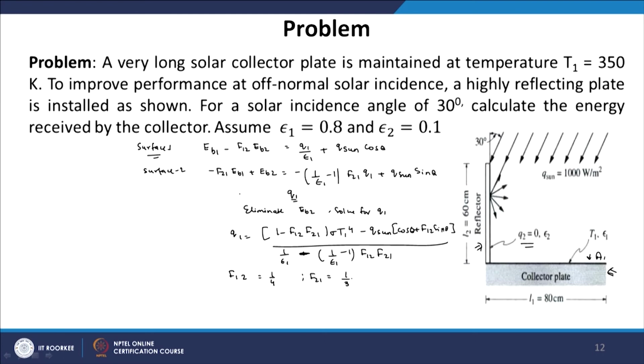It depends on the areas of the two plates. Okay. So, F12 is 1 by 4 and F21 is equal to 1 by 3. So, substituting these values and the values of temperature and emittance, we get Q1 is equal to minus watt per meter square. Okay. This is the amount of radiation received by the surface, the collector plate, okay, by direct absorption and by reflection from the reflector plate. Okay.